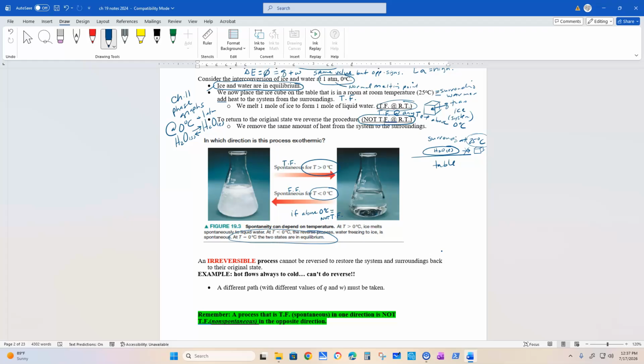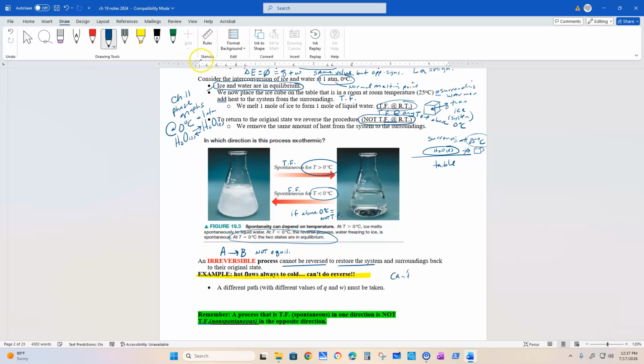An irreversible reaction, well, basically means not equilibrium. So the process cannot be reversed to restore the system and surroundings back to the original state. And how do we know this? Well, a great example is that hot water always flows to cold. It cannot be reversed. You can't make that cold water go back to hot unless you add heat, okay?